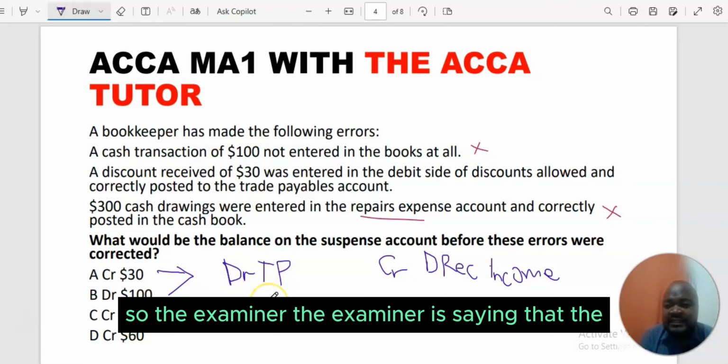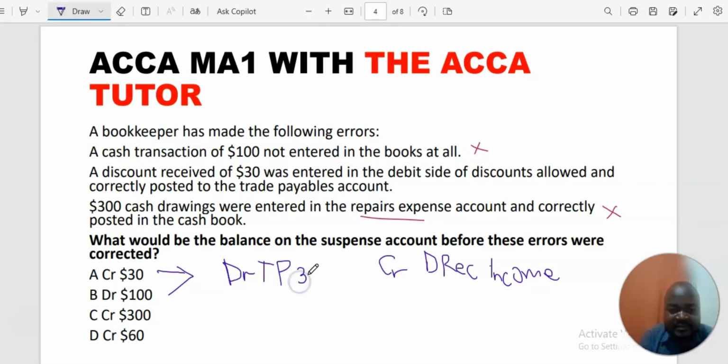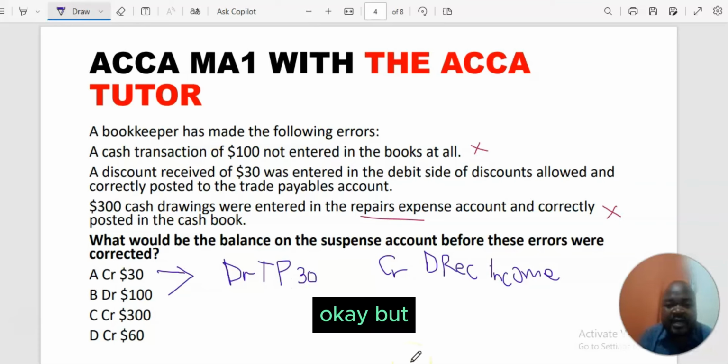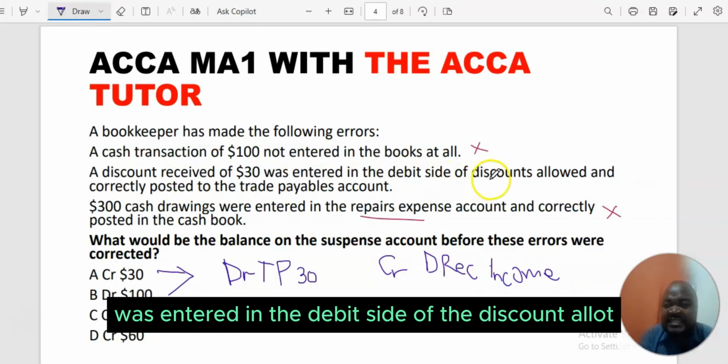So the examiner is saying that the debit side was entered correctly as 30. Okay, but the discount received, the income side itself, was entered in the debit side of the discount allowed.